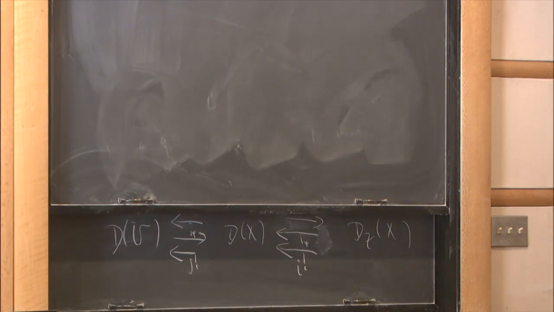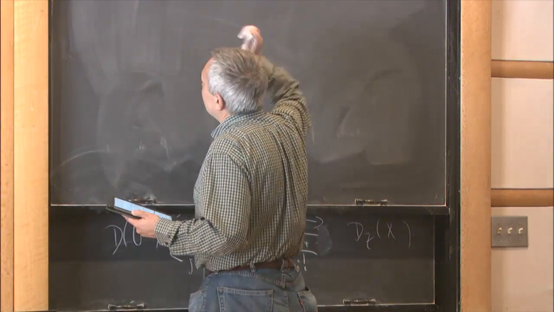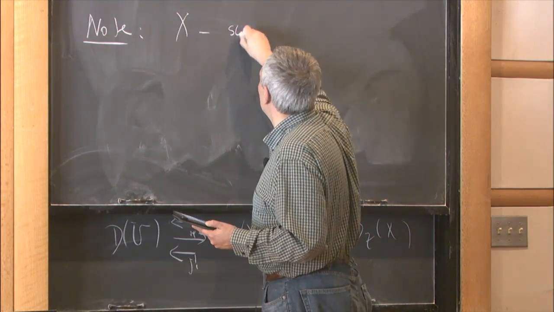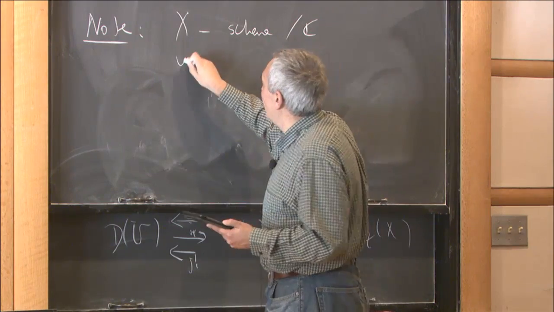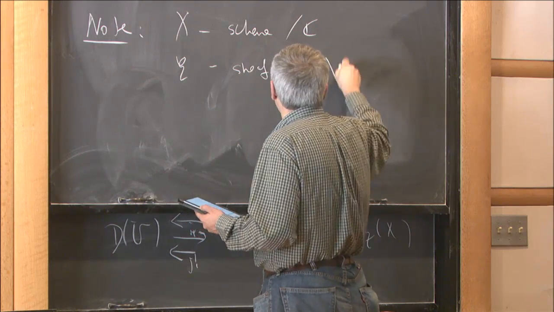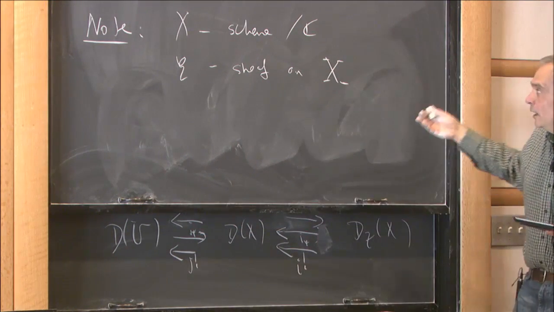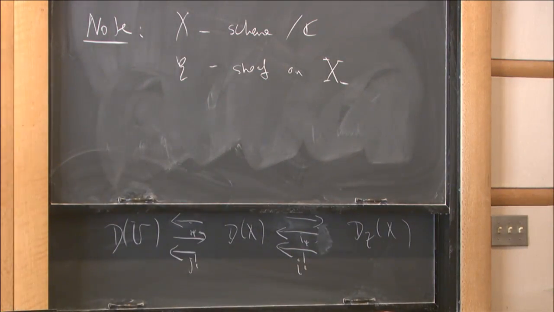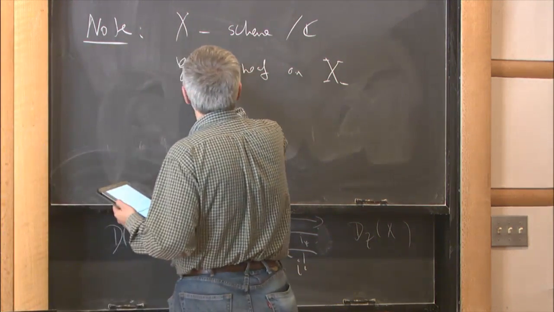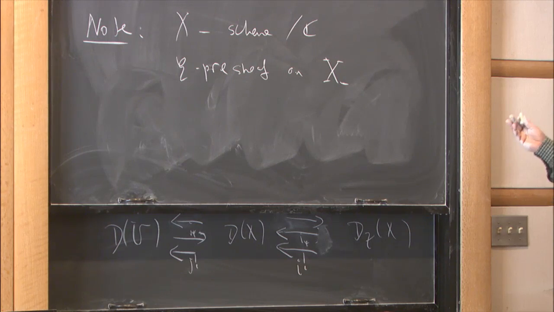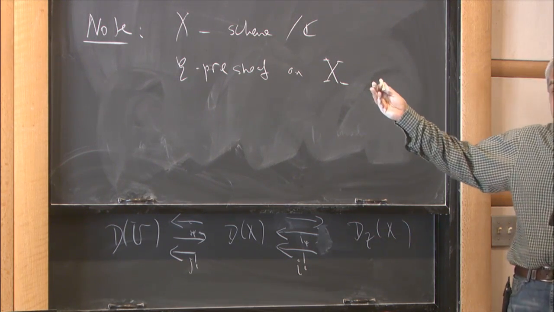Okay, so the key remark is that if X is just an ordinary scheme, again over C, and E is a presheaf on X, then we have a notion of descent which says that E is a sheaf if we have effectivity of descent data.